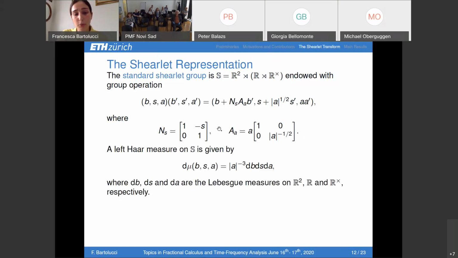It is possible to prove that a left Haar measure on the shearlet group is the following one, where here we have the Lebesgue measures on R2, R and R times respectively.